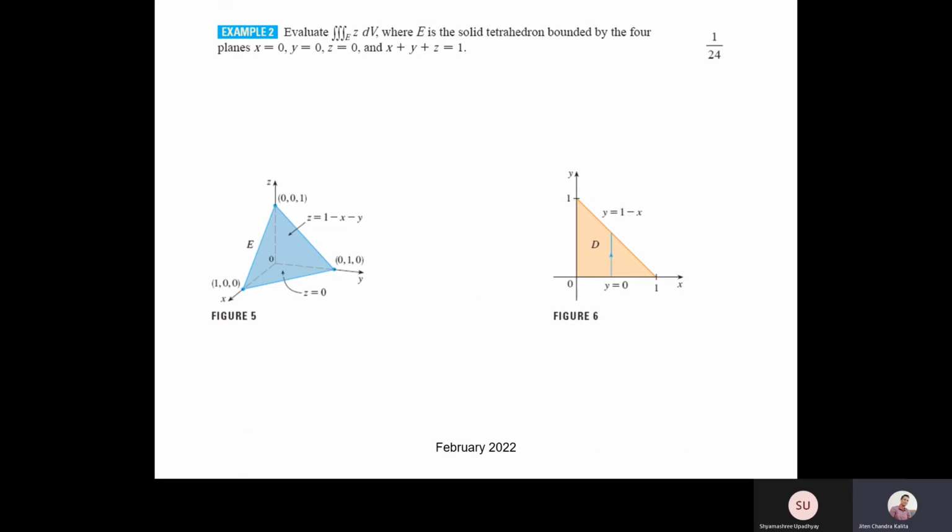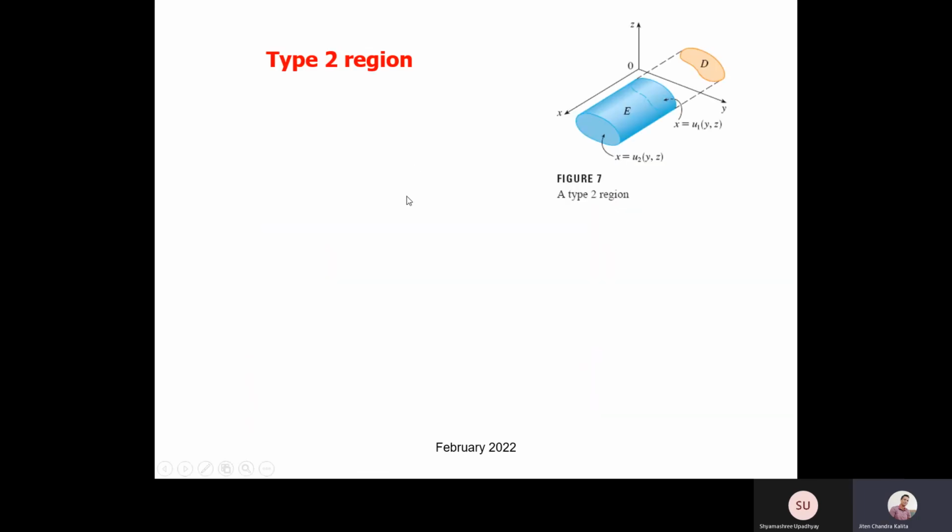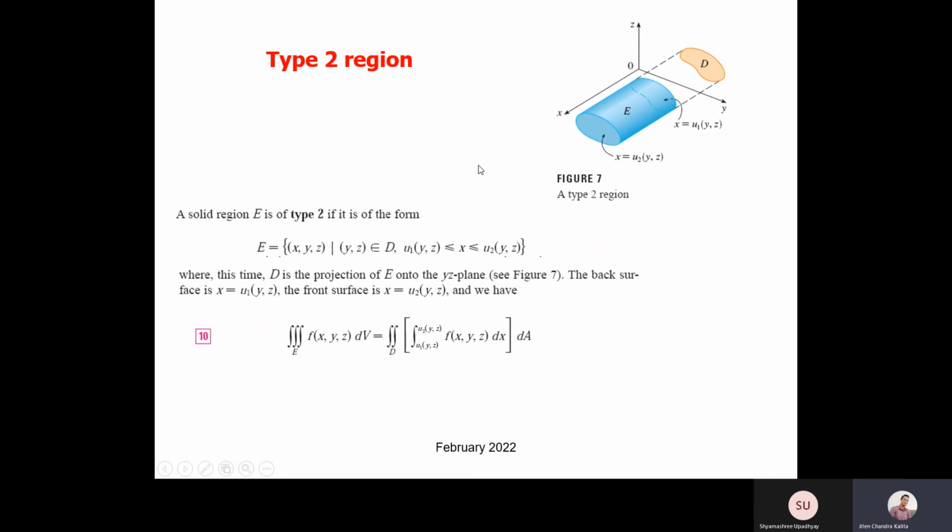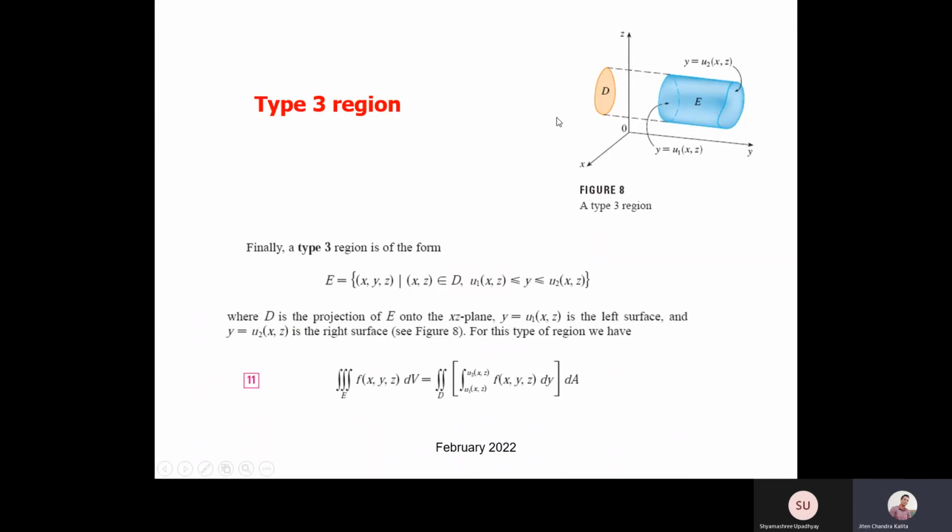As I have told you, a type 2 region is where the x range is bounded by two functions of y and z. Then your region is going to be something like this. You consider D to be a type 1 or type 2 region in the YZ plane, and you can easily perform integration.